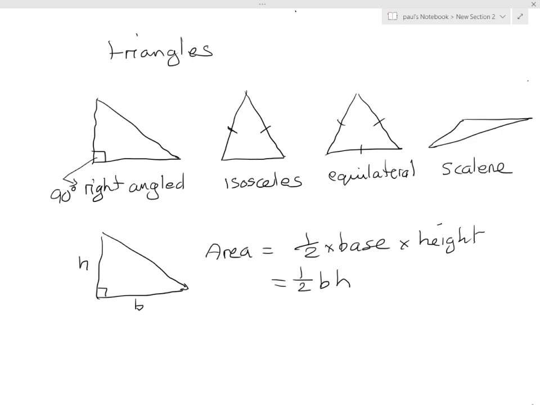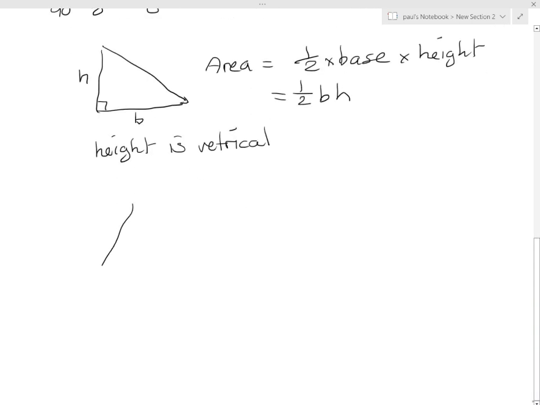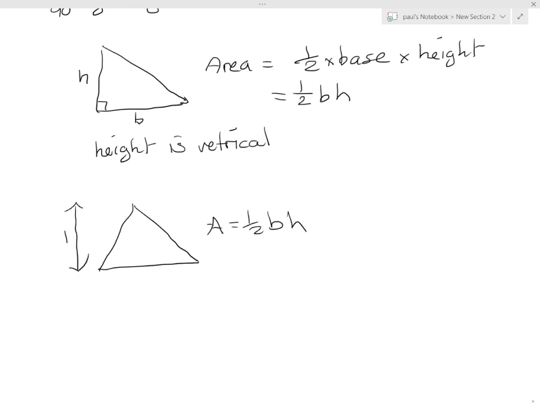Now, one thing to remember is the height is vertical. Yeah, it must be the straight up and down vertical, because if we have, say, let's move down a little bit, if we have a very poor equilateral triangle, it's still area equals half base height, but remember it must be the vertical height here.